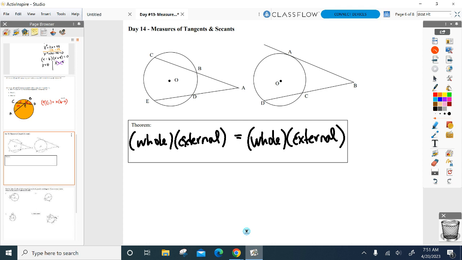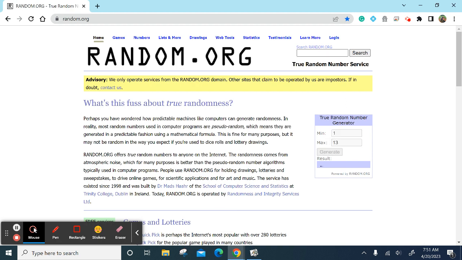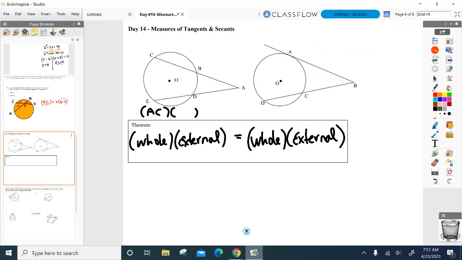Okay, so everyone ready? I would do AC whole, times its external part. And Spence just told us that's the part on the outside. So whole AC times, what's its external part? Is that inside or outside? That's inside the circle, right? I want the part on the outside of the circle. AB. Everyone see that?